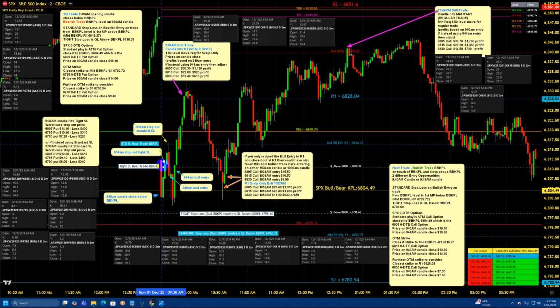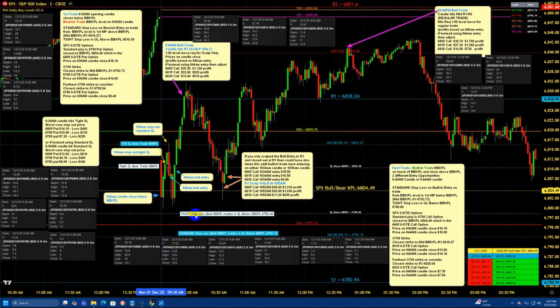It's up to you whether you're going to use a tight stop loss or a standard stop loss, but in either case, the next entry is the 9:40 a.m. bull entry on this candle, which touches, crosses back above, and closes above the bull bear KPL. You could have also entered here if you wanted additional confirmation on the 9:44 a.m. bull entry.